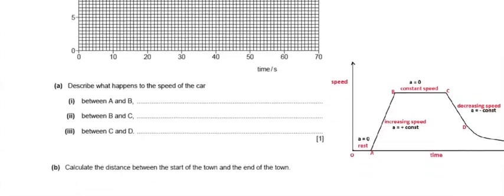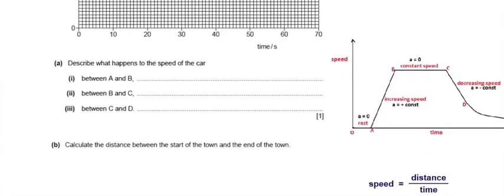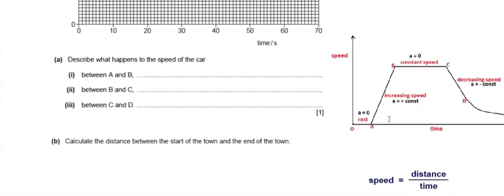Or you can also interpret it in terms of acceleration. The slope of the speed time graph is nothing but acceleration. If the speed increases in a straight line, we can say it is a constant acceleration, as from C to D. Here you can see the speed is decreasing, so we get a negative slope. It is called negative acceleration, or deceleration.